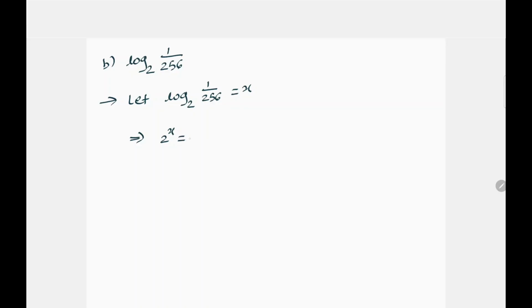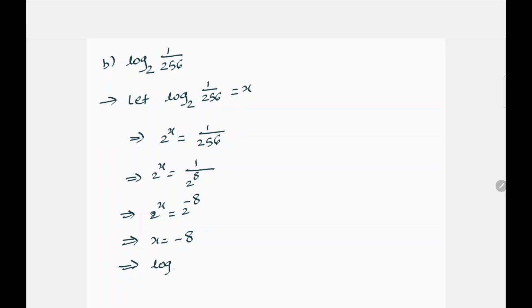It means 2 raised to x is equal to 1/256, and 1/256 is 2 raised to -8. So 2 raised to x is equal to 2 raised to -8. Now base is same, so x is equal to -8. It means log of 1/256 to the base 2 is equal to -8.